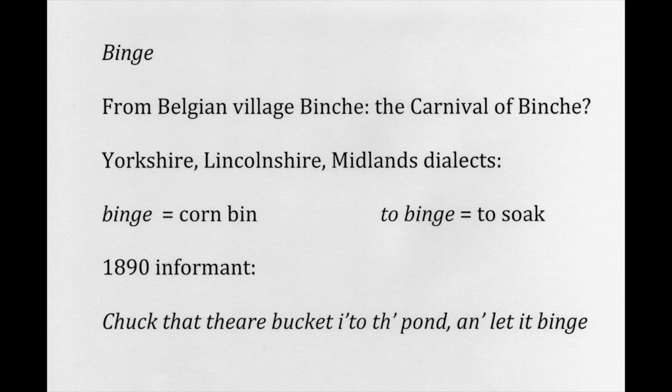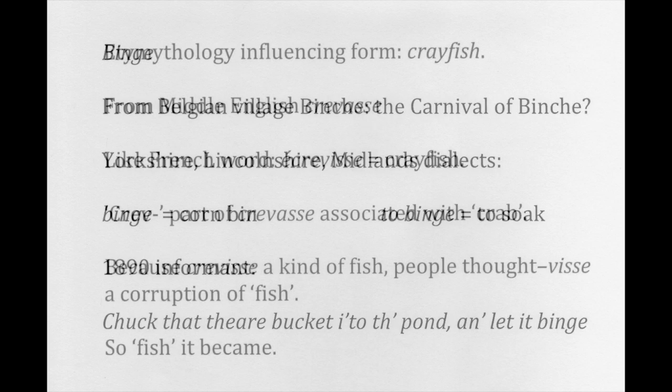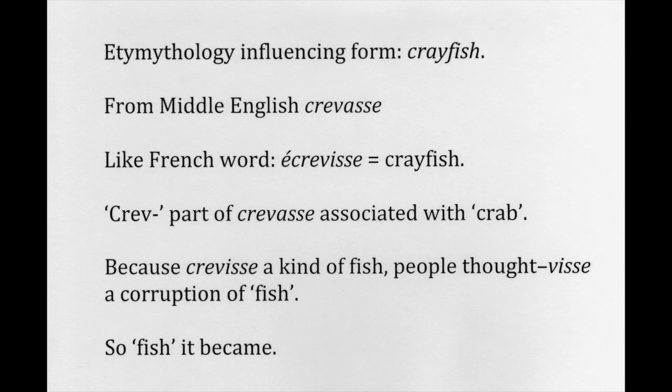Mistaken derivations like the binge one are very common. People would often rather invent some apparently meaningful origin for a word than accept what is frequently the truth, that words are often just arbitrary collections of sounds. Sometimes etymologies actually influence the form a word takes. An example is crayfish.